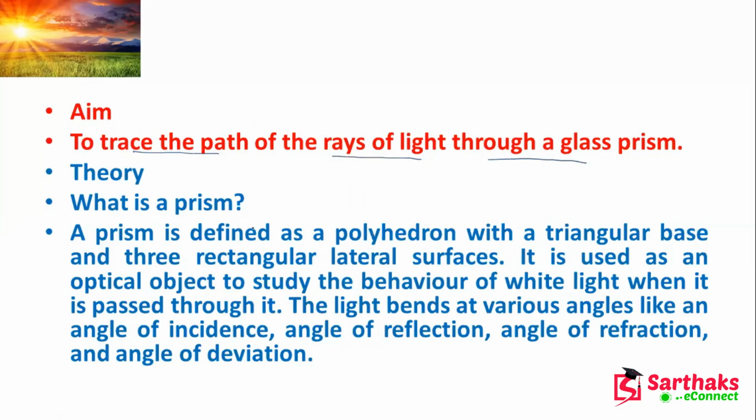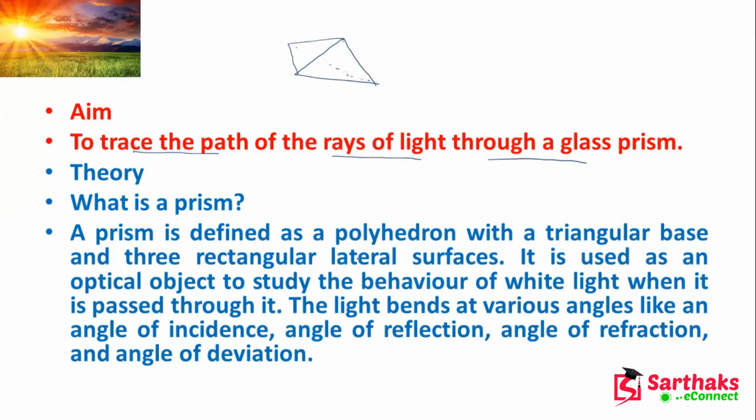As we have already defined, a prism is a polyhedron with a triangular base and 3 rectangular lateral surfaces. It looks like this. This type of thing is the prism.